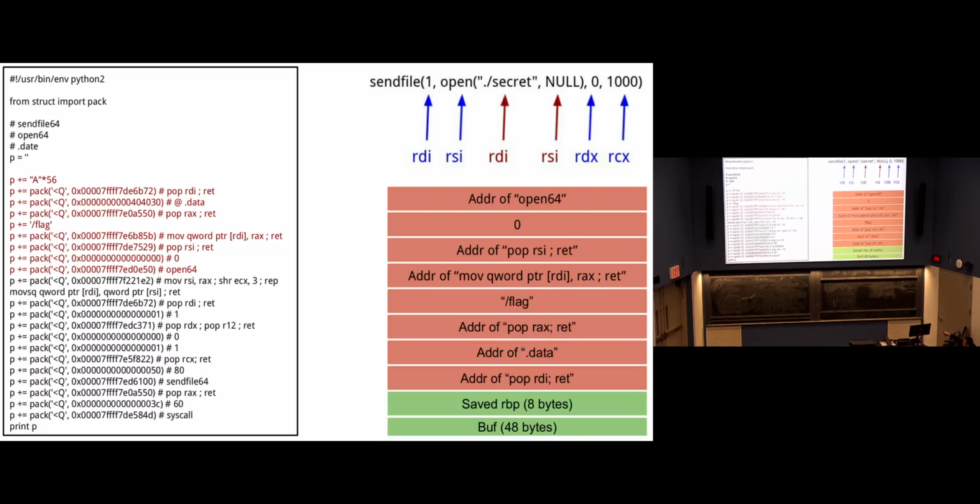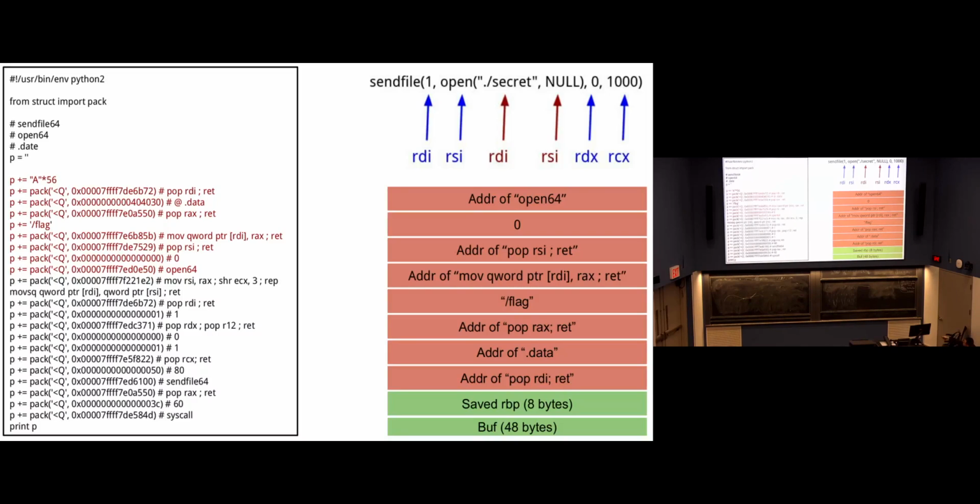Then the return brings us to the second gadget, which is pop RAX; return. Now here we have this string that's 5 characters. Those 5 characters will be put into the register RAX. That fair?